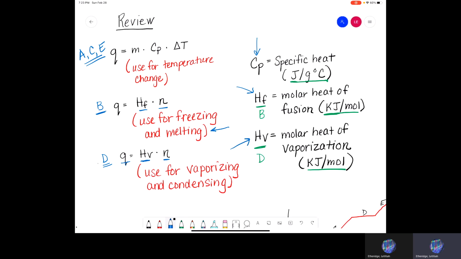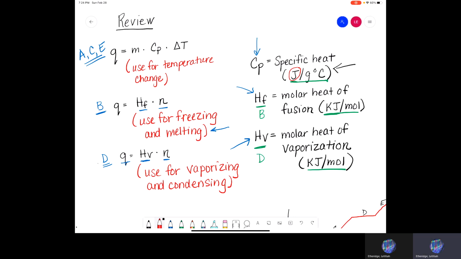Now, the other thing I want to point out are going to be the units. Because we are going to be trying to find the total amount of heat in a particular system, that means that we're going to be adding up all of our Q values that we get. The problem that is going to happen is that with our specific heat, our Q value will be in joules.